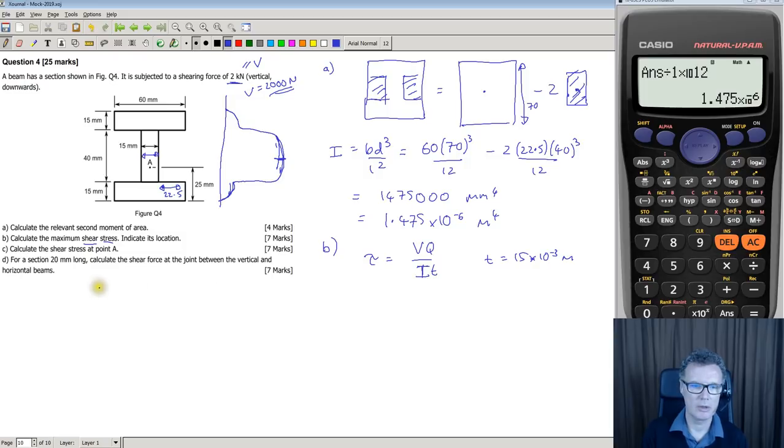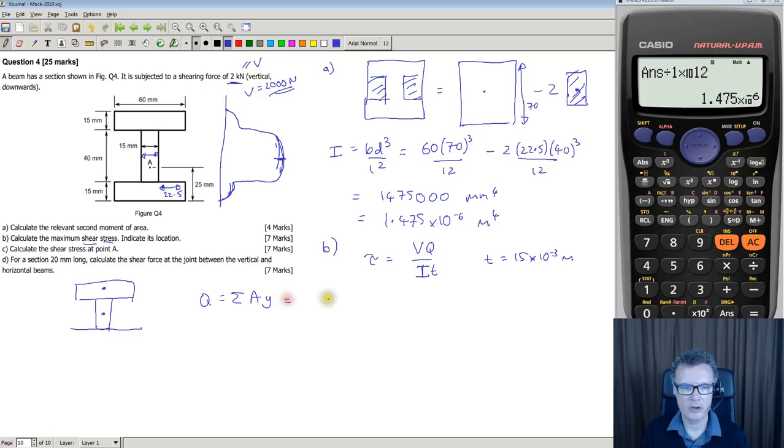And what is Q? Well, we're trying to cut it in the middle here. So we need to know where the centroid is for this section and this section. You've got to imagine that these two sections are trying to pull away from the bottom section. And Q, you're given the formula for it, is the summation of area times centroid.